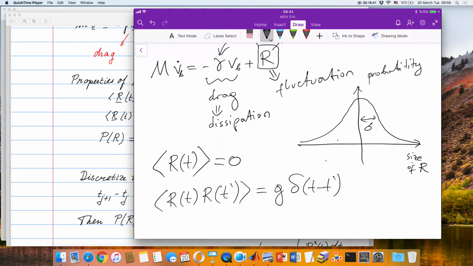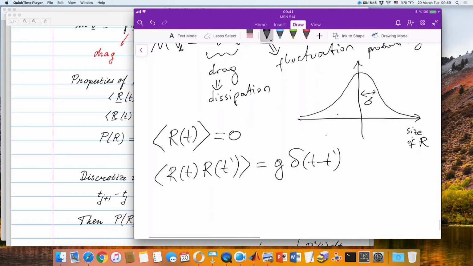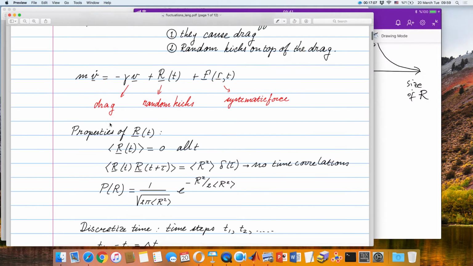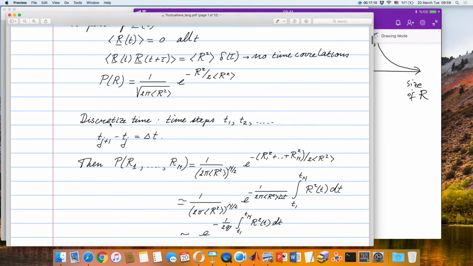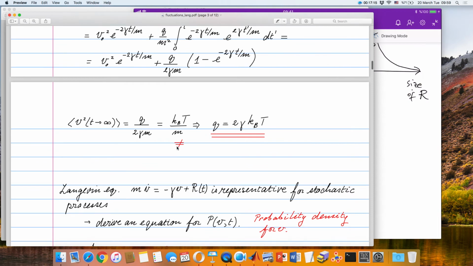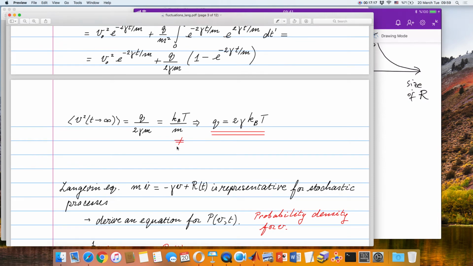Are you familiar with Dirac delta? This formula just tells you that if t and t prime are separate enough, then the next kick has nothing to do with the previous kick. But what G represents is the size of the kick, how big the kick is. And if you do all these calculations properly, blah blah blah, you arrive at this beautiful formula.